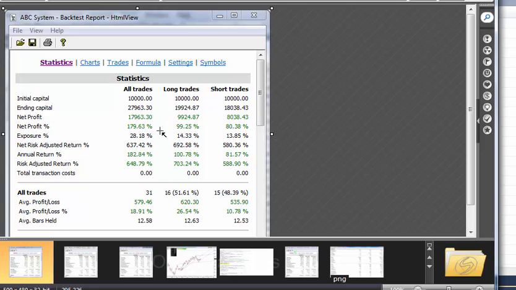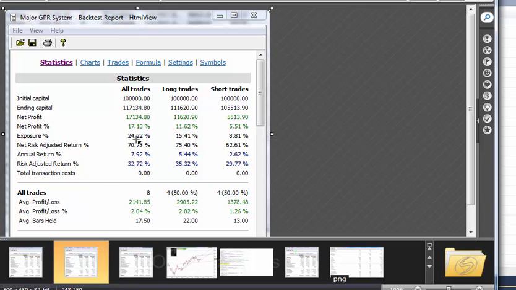So what we did was we did some tests, and using one method, we found we can get 28.8% coverage or exposure. Tried a totally different technique, got 24.22%. Now, please ignore these things here that say annual return, because you don't know what the leverage is.